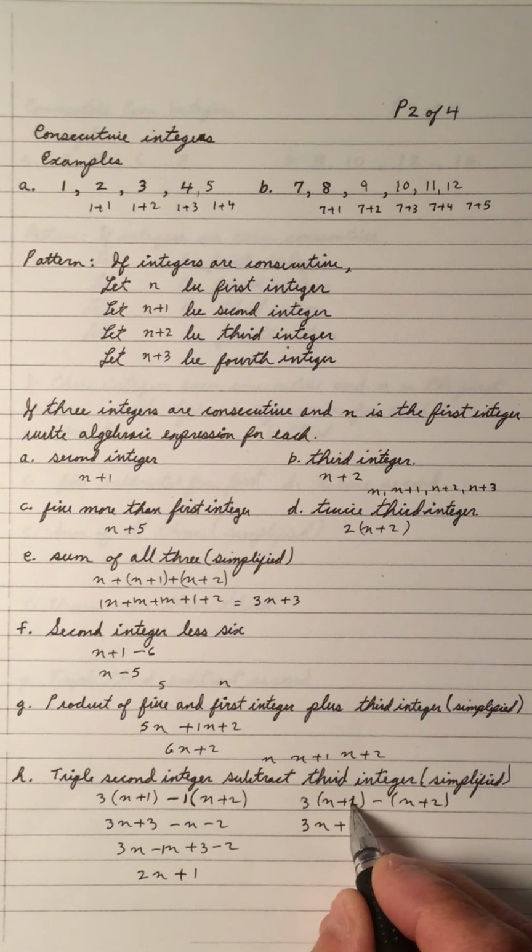And again, the sum of the 3. So n is the first one. N plus 2 is the second one. N plus 4 is the third one. Notice n is the first consecutive odd number. So the next one you've got to add 2, the next one you've got to add 4. The sum of all those is n, add on n plus 2, add on n plus 4.